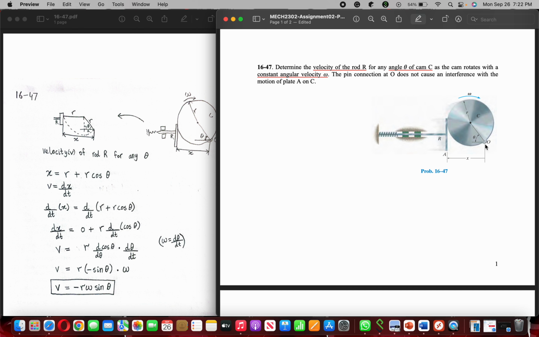In this particular question, it does not cause any interference with the motion of plate A on C.